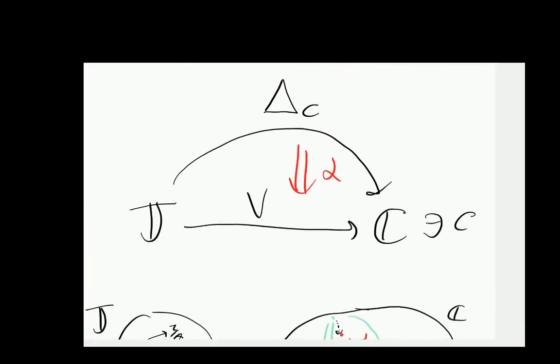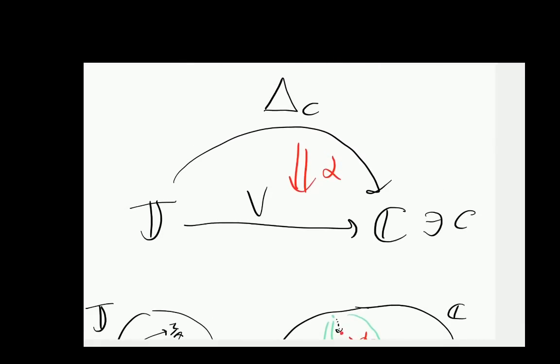So remember this idea of a cone over our functor V. Well, there's going to be a category of cones, and the objects are going to be these cones over V. They might have different apexes.